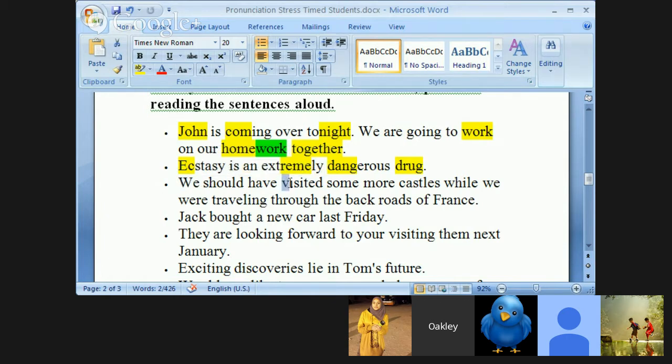Okay, first syllable. Castles? Castle? Okay, good. Travel? Very good. Back. Road? Yeah, roads. Okay.